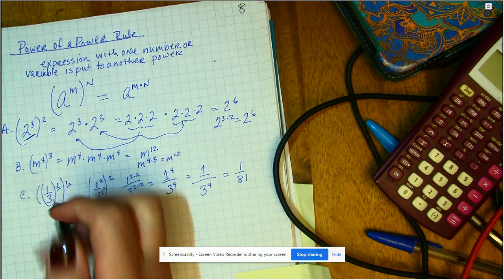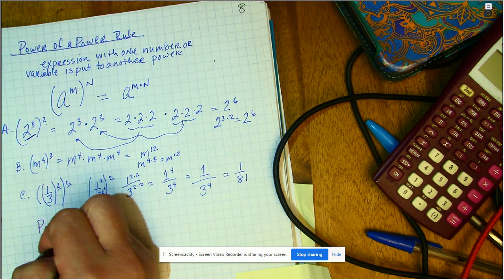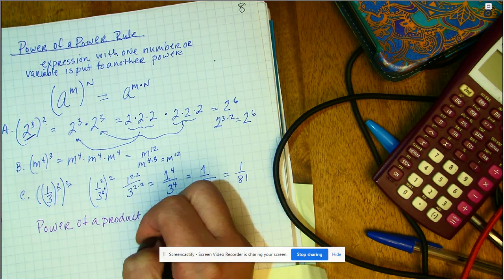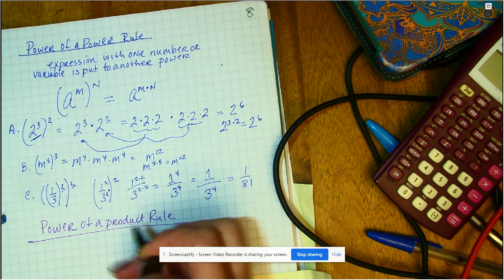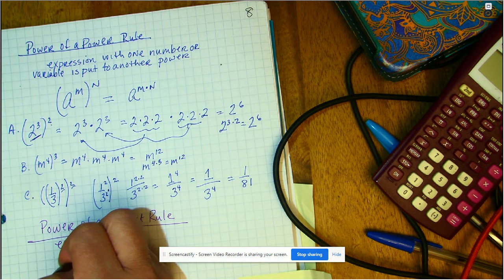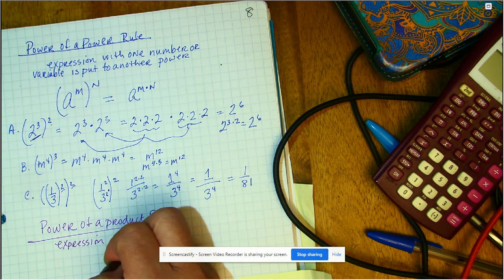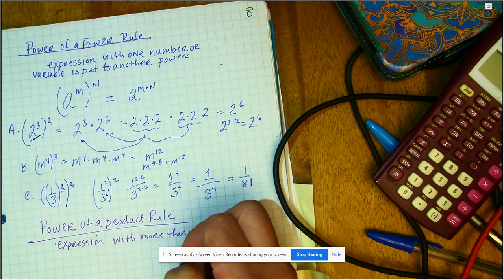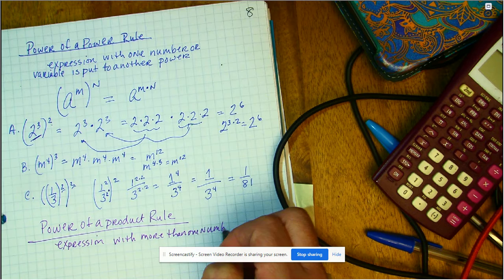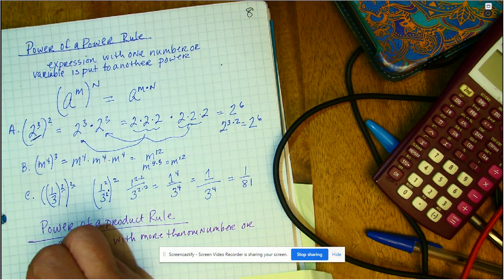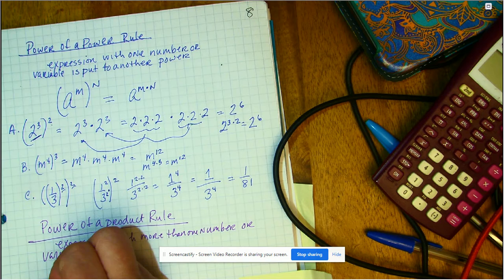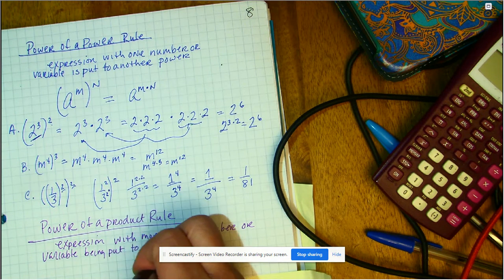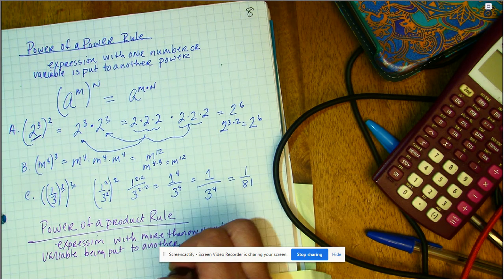Now let's look at the power of a product rule. This is when we have an expression with more than one number or variable being put to another power.